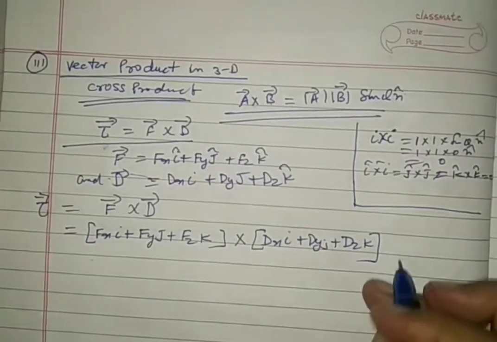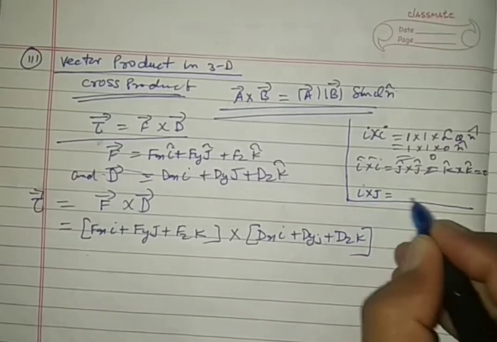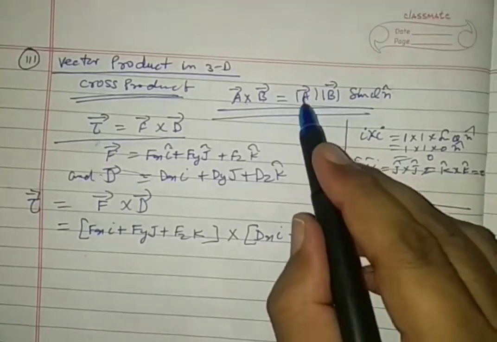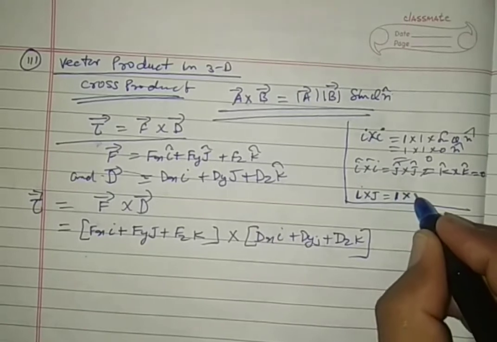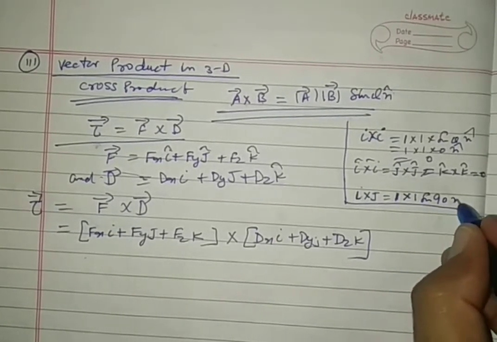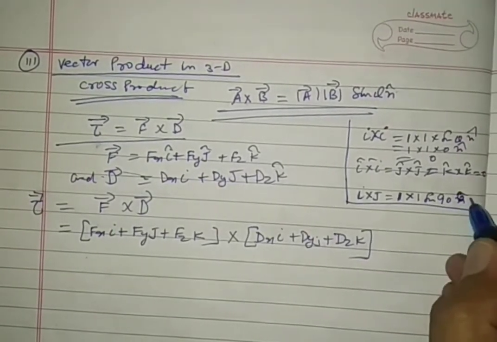Now see for the dissimilar case, i cross j. By this formula, see very carefully. Magnitude of vector 1 is 1, magnitude of j is 1, the angle between both is 90 degrees, and the direction is the unit vector along the z axis. What is the unit vector along the z axis? k.